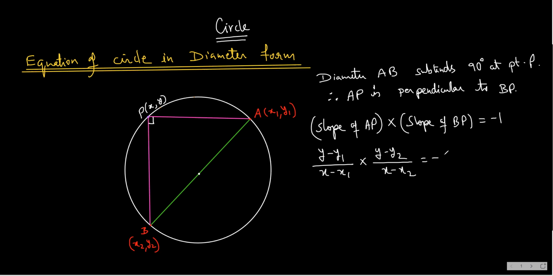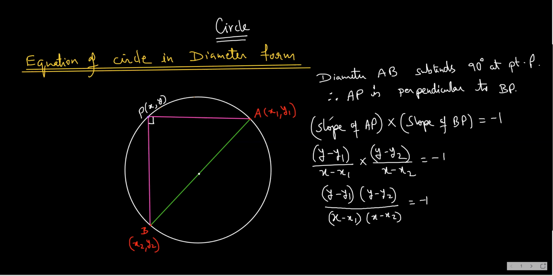So what you have therefore, Y minus Y1 into Y minus Y2, multiplying these numerators, divided by X minus X1 into X minus X2 is equal to -1.